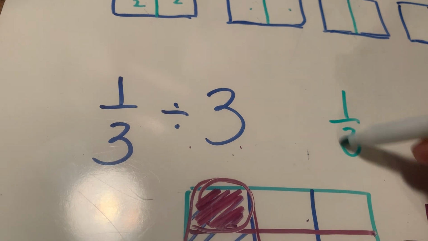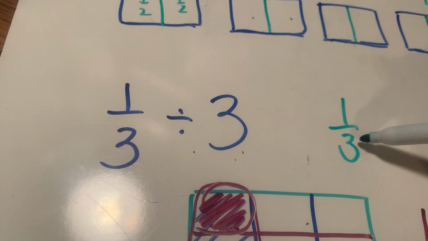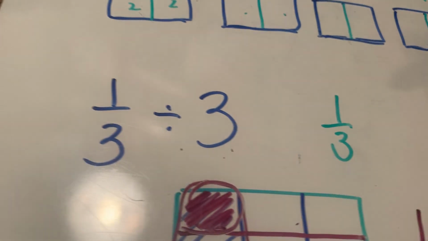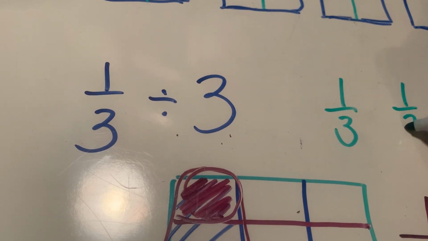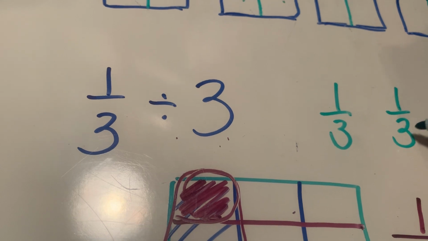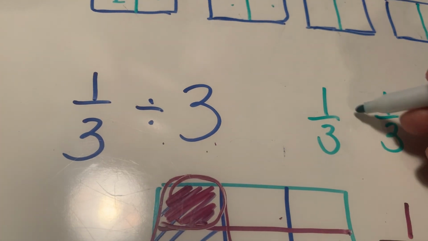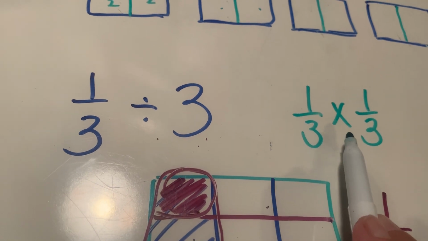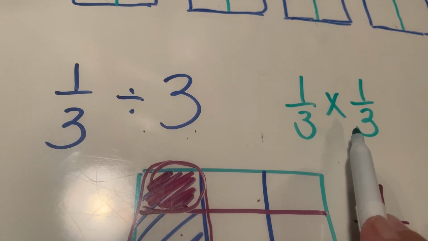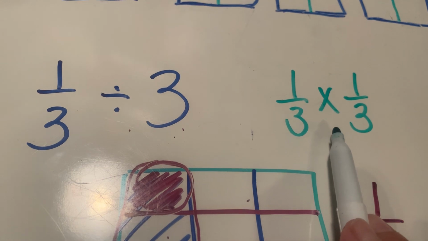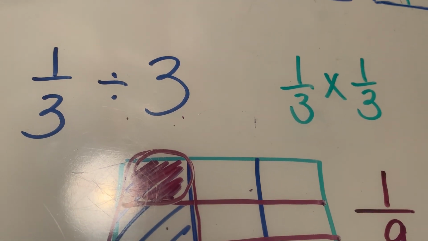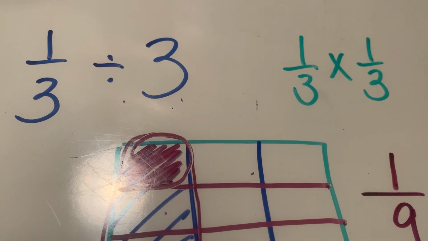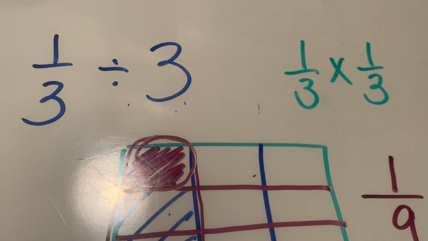First I would keep the 1/3, and then I would flip the 3, so the reciprocal is 1/3. Then change the division sign to a multiplication sign. And oh my goodness, this makes complete sense, because right here I was finding 1/3 of 1/3.